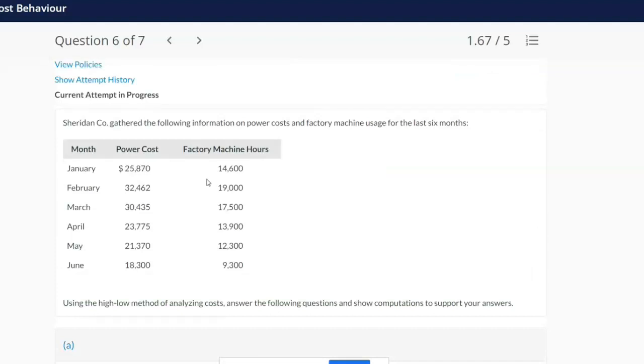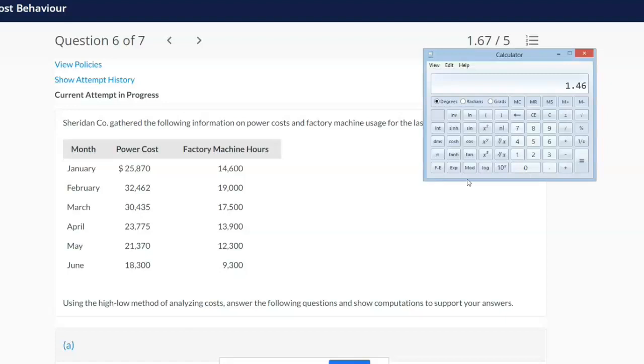What's the total cost? 32,462. That's partly fixed and partly variable. So the variable portion is 19,000 times 1.46. So take $1.46 and that's 19,000.